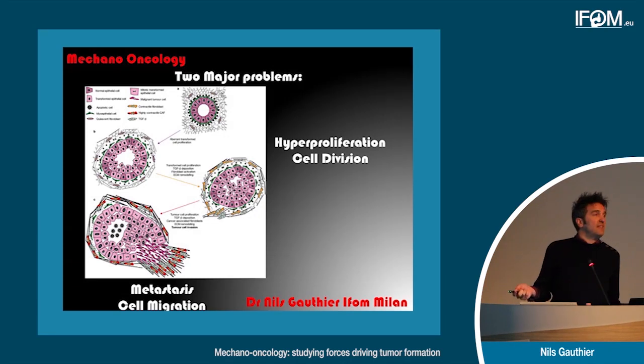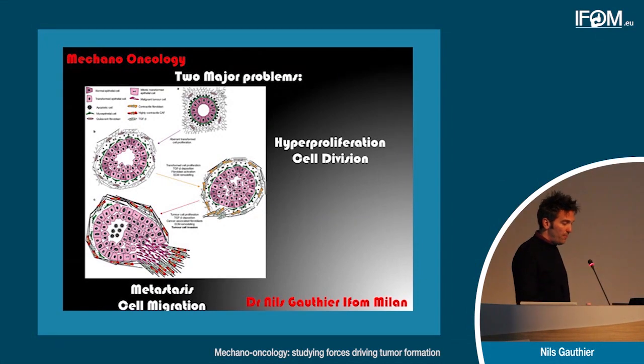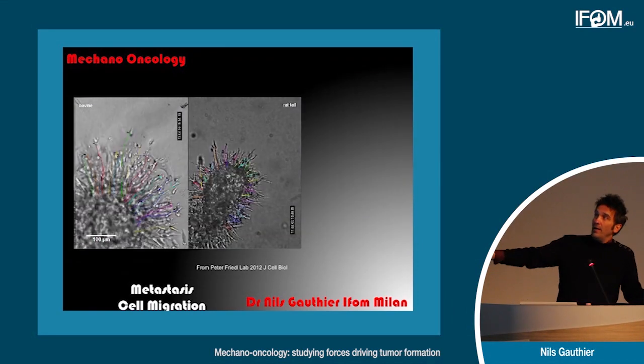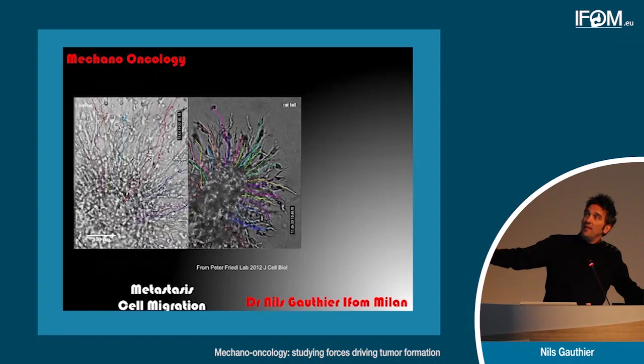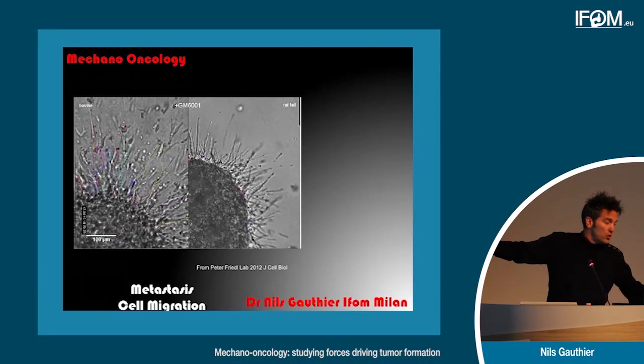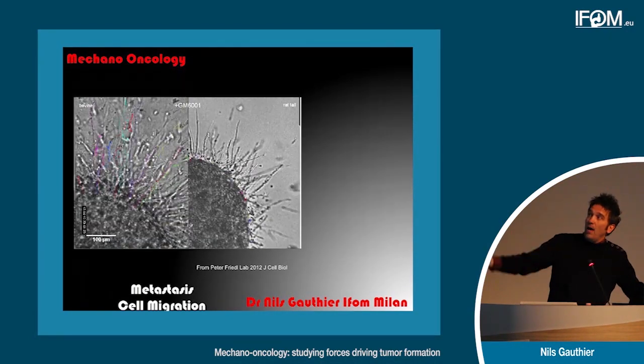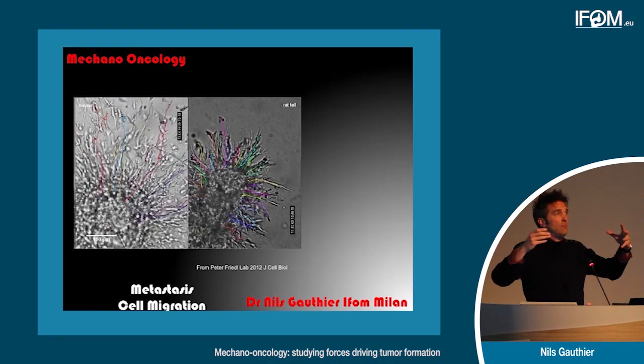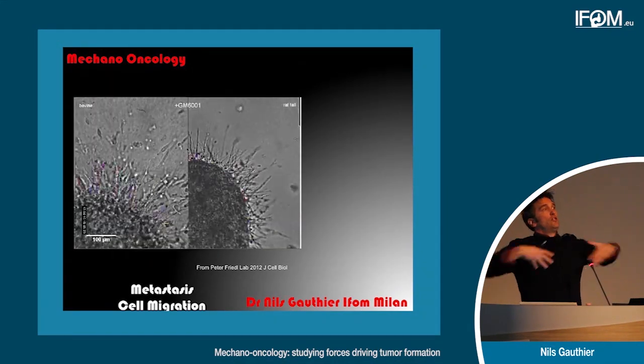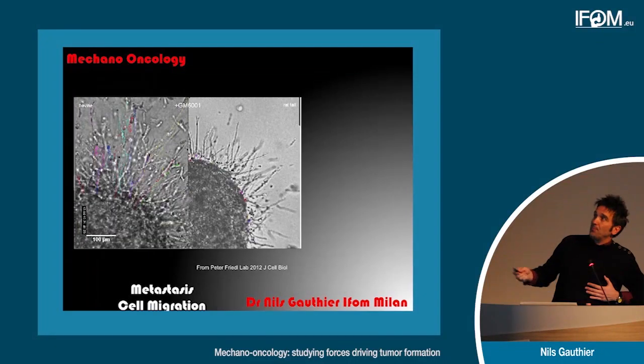What about the metastasis due to the cell migration? I pick another example. This example is a group of cells this time. You have those large chunk groups of cells. And those cells are compressed in a system that mimics the condition in your breast, for example.